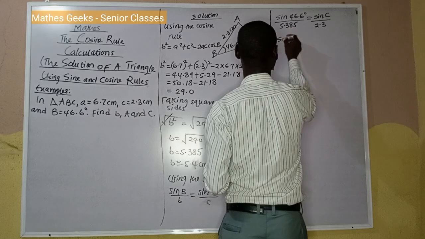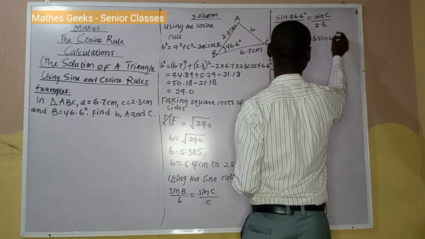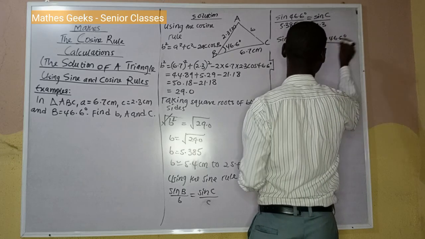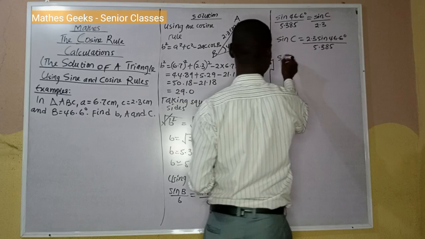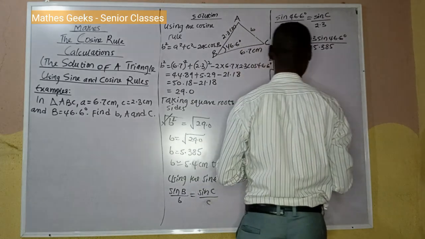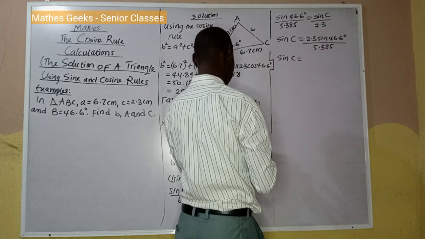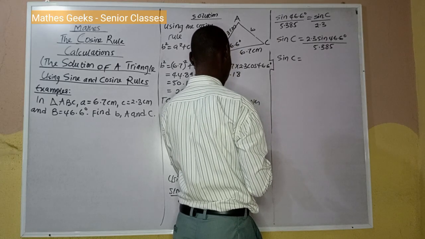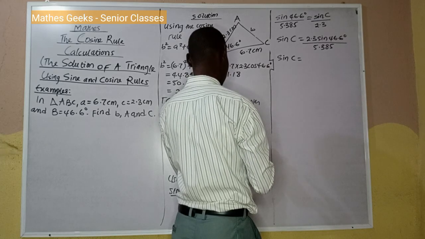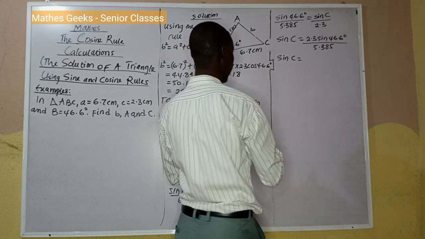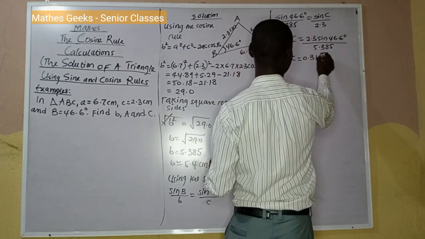So let's go. Sine C is equal to 2.3 sine 46.6 degrees over 5.385. Sine C is equal to 2.3 sine 46.6. That is 1.67 divided by 5.385, 0.3103.